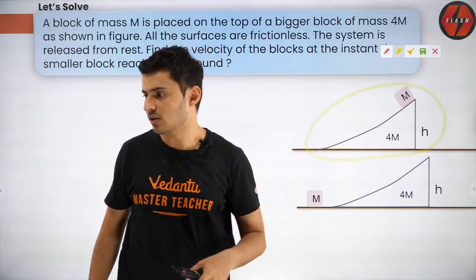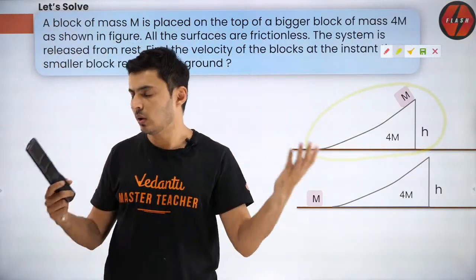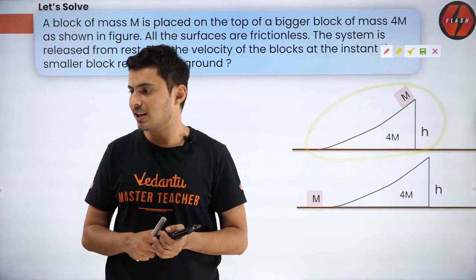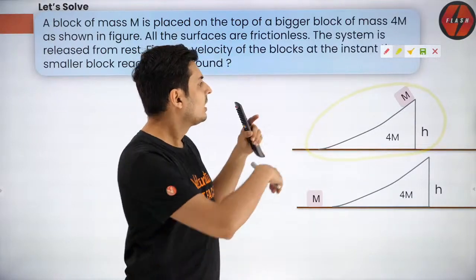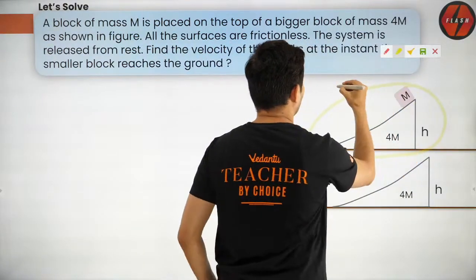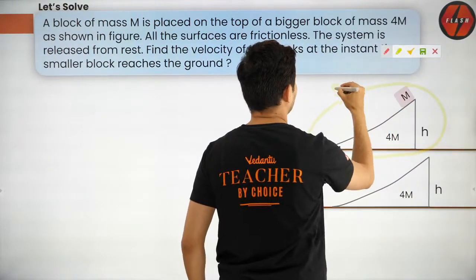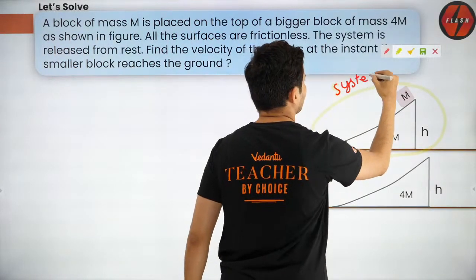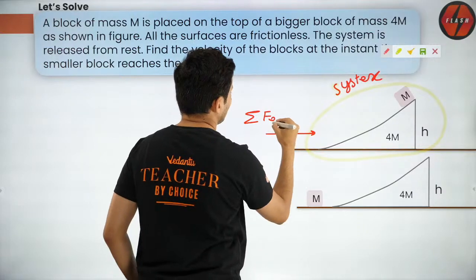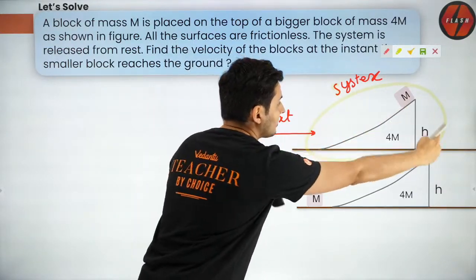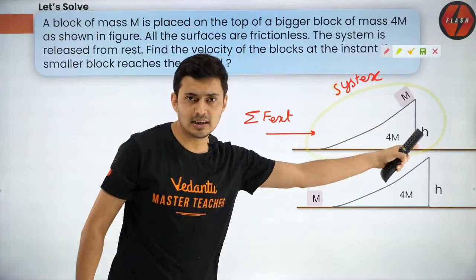Come on, answer in the chat box. Obviously, come on guys, I'm reading all your chats. Yes, x only. So in this system, are there any external forces on this system as a whole from outside?